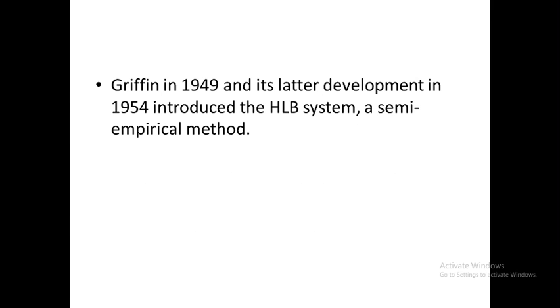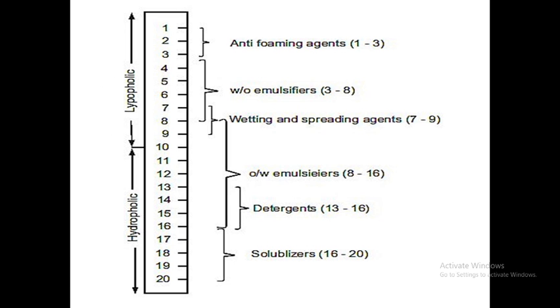This scale was derived by the scientist Griffin in 1949, and later some development in 1954 introduced the HLB scale, which is a semi-empirical method. According to the HLB scale, surfactants can be categorized with HLB values between 1 to 20.